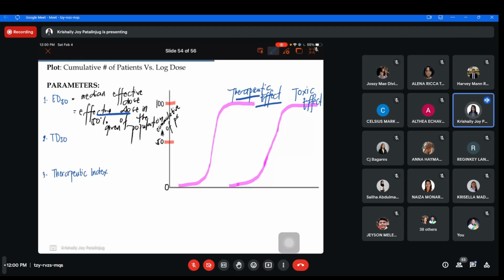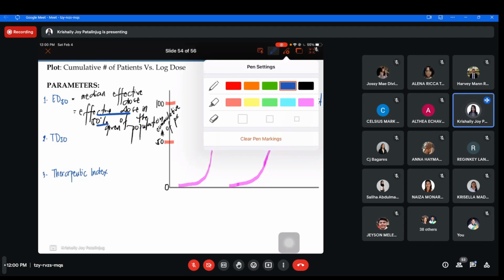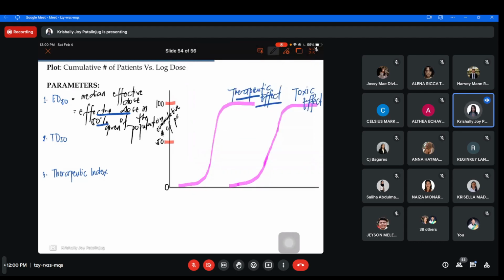Okay? 50% man daw of the population. So if median effective dose, from 50% of this population, you start plotting it to the curve ng therapeutic effect, then plot it down, then this would be the effective dose in 50% of the population. So that's the median effective dose or ED50.